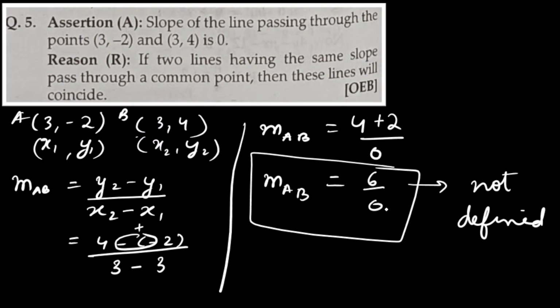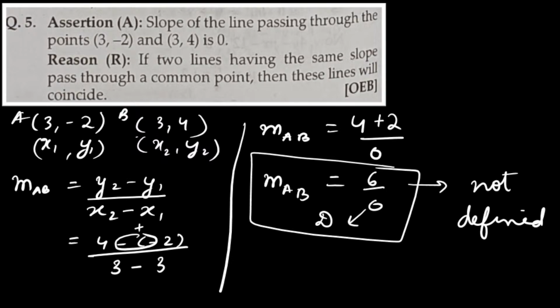In the definition of rational numbers you have done p by q form where q should not be equals to 0. So it is not defined. If it is not defined, it cannot be equals to 0. So anytime the denominator is equals to 0, that form is not defined.